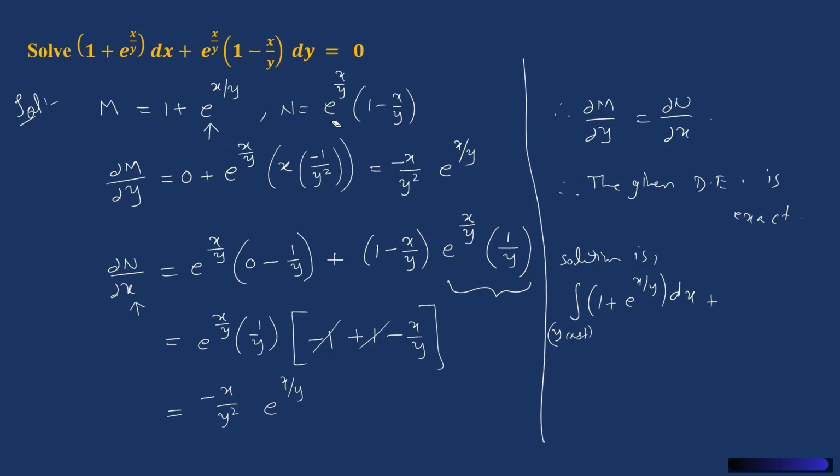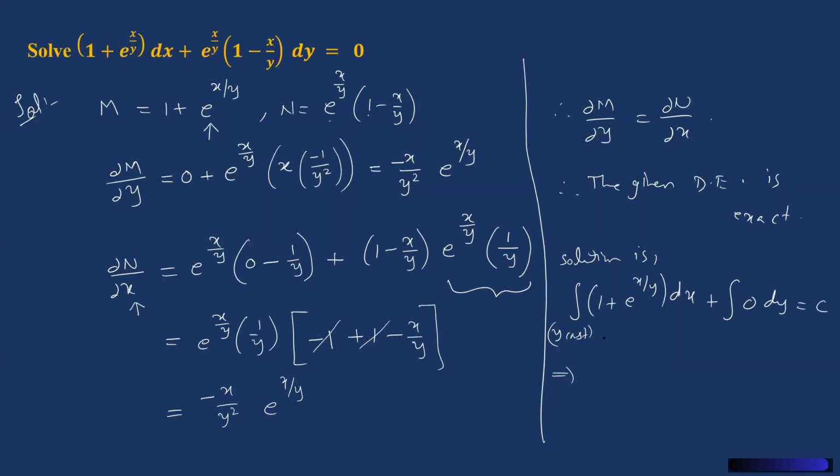In fact, you have exactly one term in x, though they are in product. All this is one function, or else even if you want to separate them, e power x by y into 1 minus e power x by y into x by y, even then you can see x in both the terms. So there are no terms without x. So here we get simply 0 into dy is equal to c.